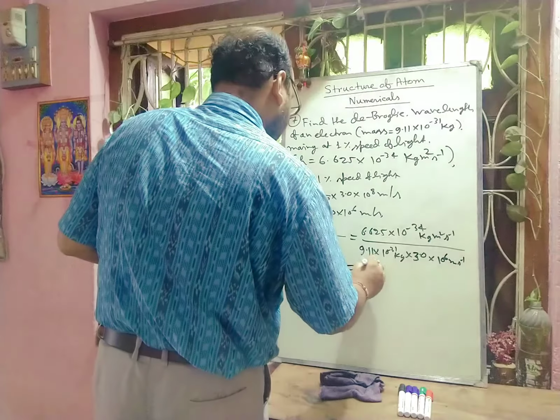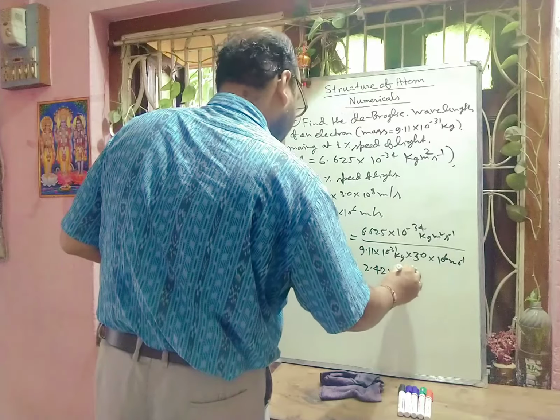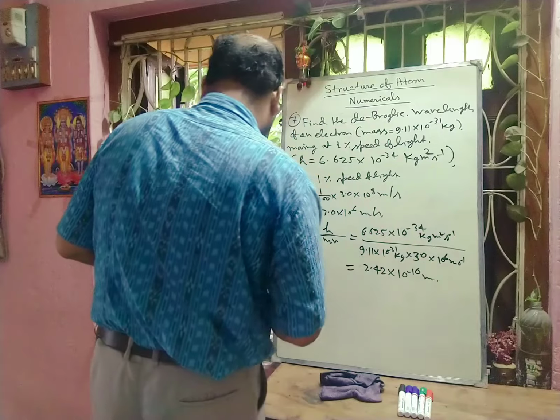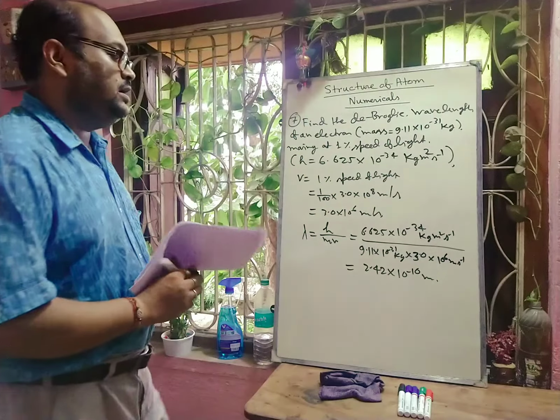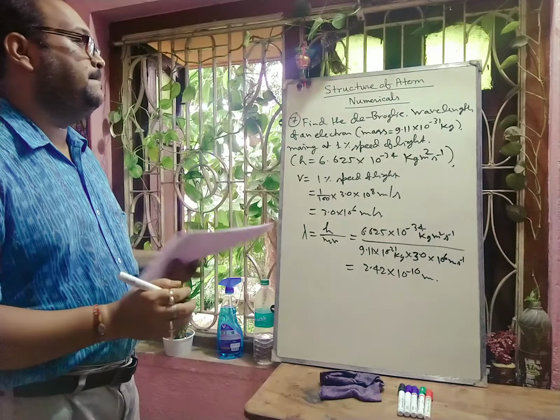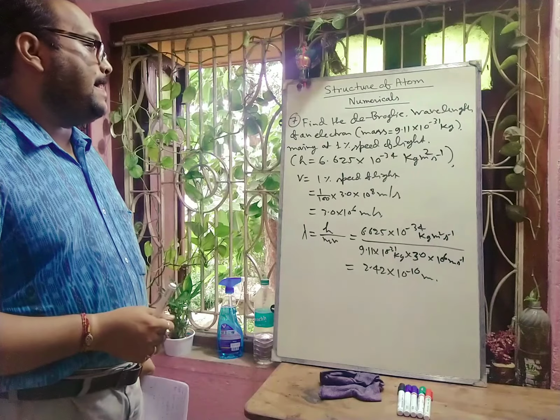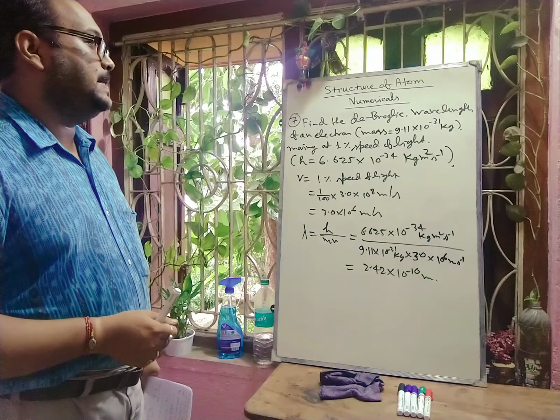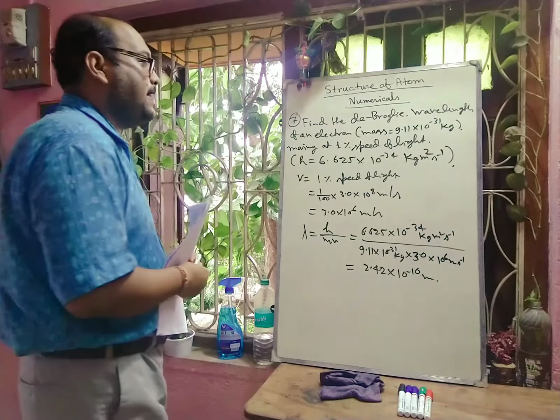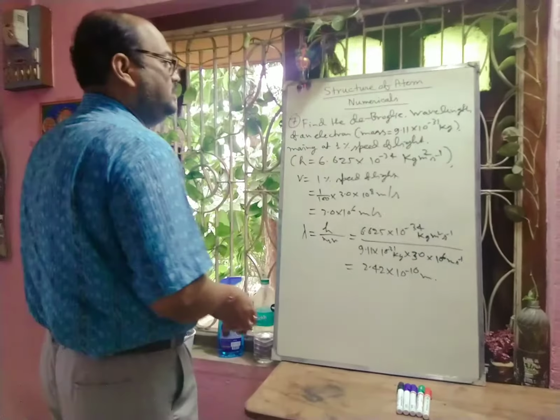From here you will get 2.42 into 10 to the power minus 10 meter. So that will be the de Broglie wavelength of the electron.